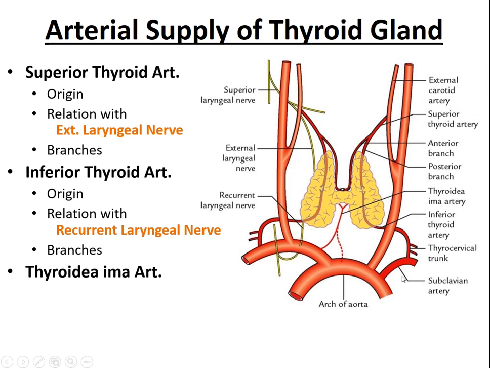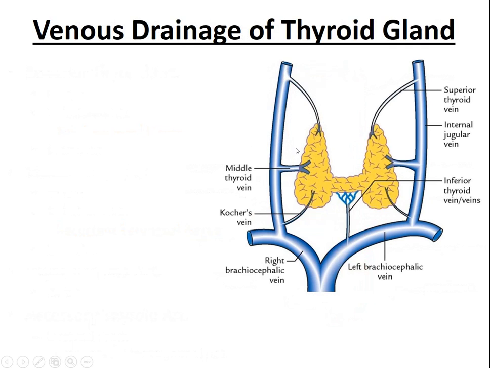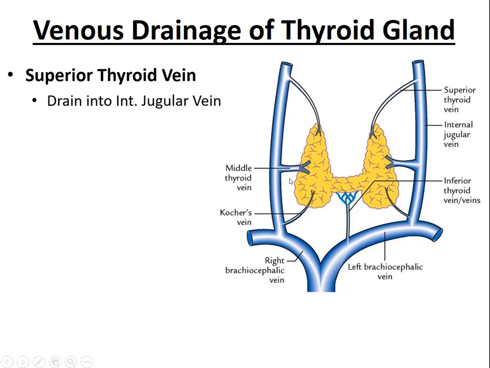In addition, there may be an accessory thyroid artery, the thyroidea ima artery, and that is related with the lower border of the isthmus. Apart from this, from the neighbouring trachea and esophagus, the tracheal artery and esophageal artery will also supply the thyroid gland. Venous drainage: there are three main veins, superior, middle and inferior thyroid vein.